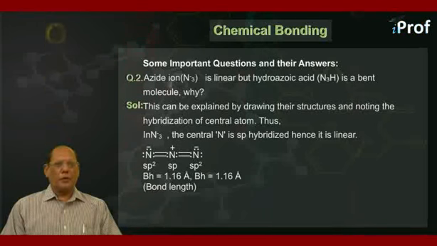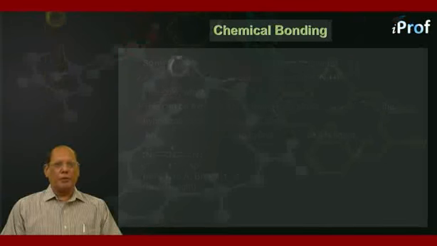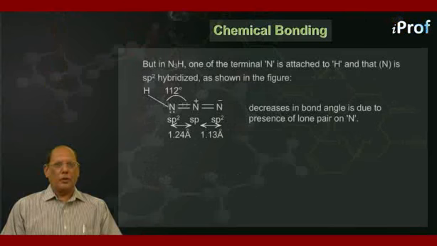Thus, in N3 minus ion, the central nitrogen is sp hybridized, hence it is linear, as shown in the adjoining figure. But in N3H, one of the terminal nitrogens is attached to hydrogen, and that nitrogen is sp2 hybridized, as shown in the figure.